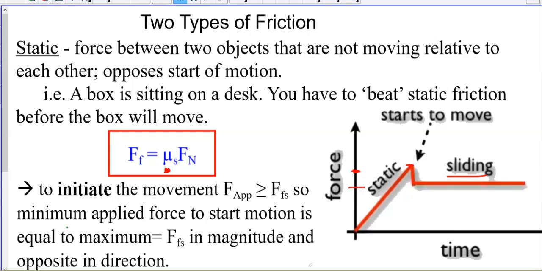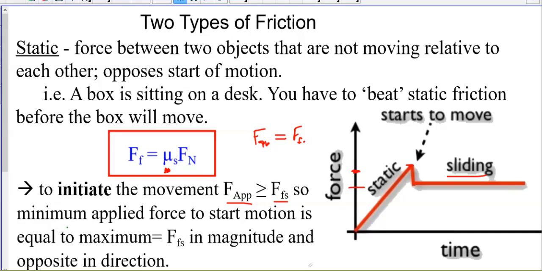So in order to initiate motion, your applied force has to be greater than or equal to your force of static friction. If it's equal to your static friction, that's typically the threshold of when we say, okay, it can now begin to move. So often we ask, how much force must be applied to get this thing to move? You just more or less set these two equal to each other.